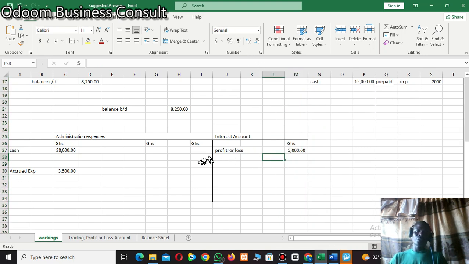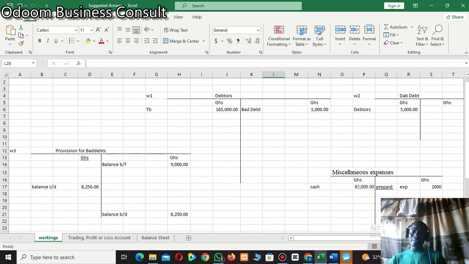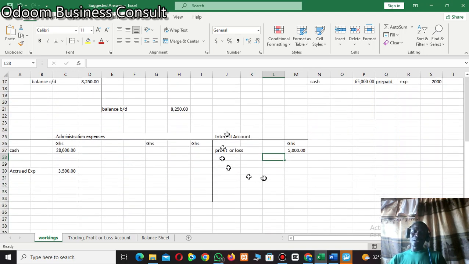So when you go to your profit or loss account, you see this item over here, interest on loan. It's an expense. And a liability has a credit balance. So at the end of the day, when you close this account, you have a credit balance which will be taken to the liability section in the balance sheet.